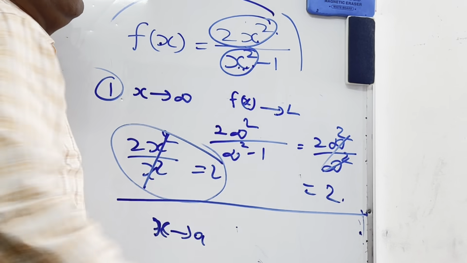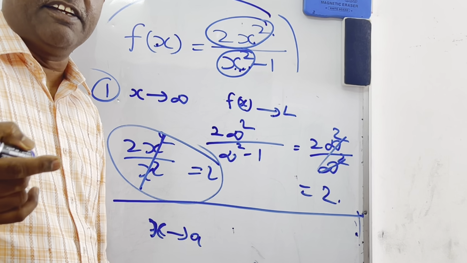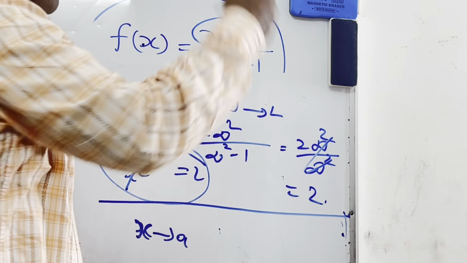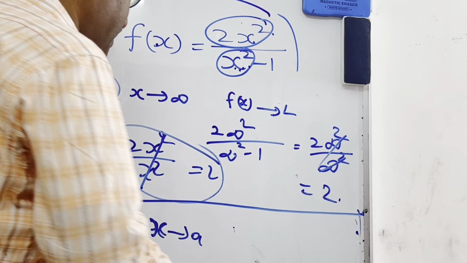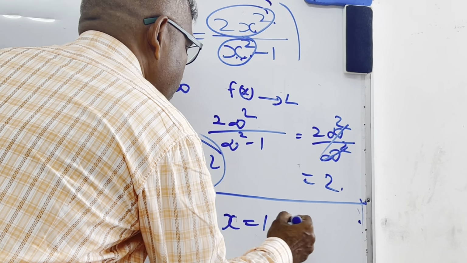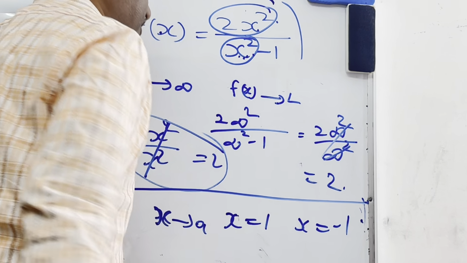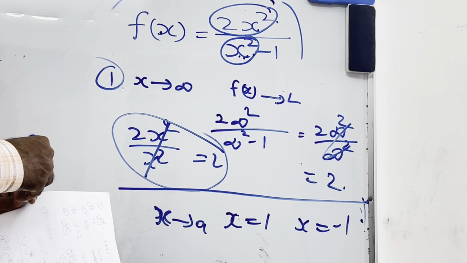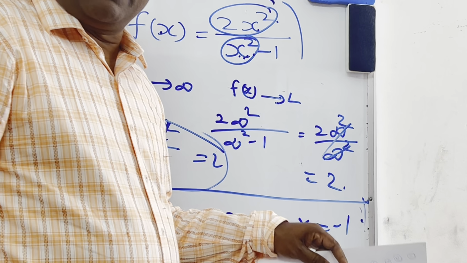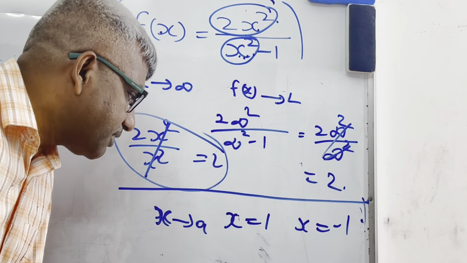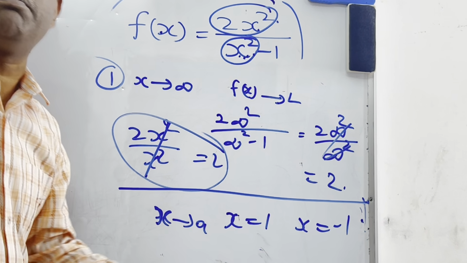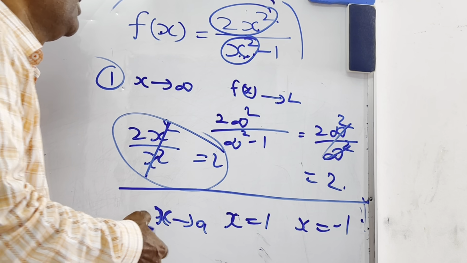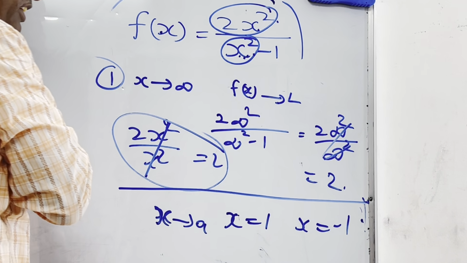Here, when x is equal to 1 or minus 1, f of x will go to infinity. So the vertical asymptotes are x equal to 1 and x equal to minus 1. Got it? So we got horizontal asymptote y equal to 2, and vertical asymptotes x equal to 1 and minus 1. Got it? Note it down.